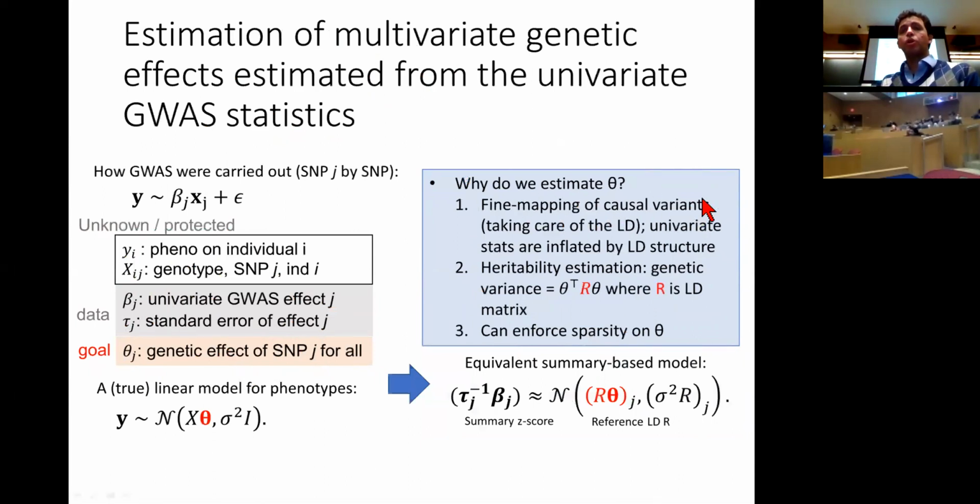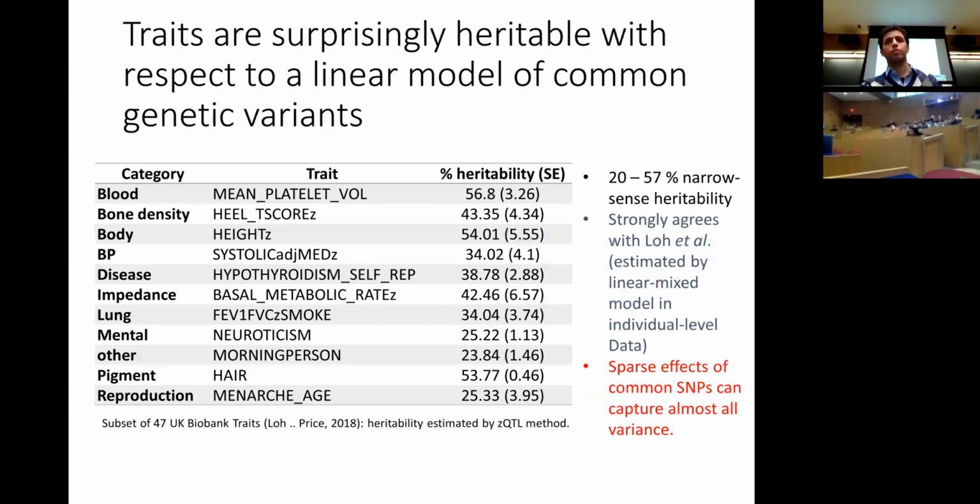So you can fine-map causal variants, taking care of the LD, doing the univariate stats, correcting for that LD inflation, and then estimate a heritability for every genetic variant across the set of traits. And you can force this to be sparse. So basically, you have a summary-based model that doesn't require the full genotype matrix for all these individuals, by looking at the summary statistics rather than the per-individual association.